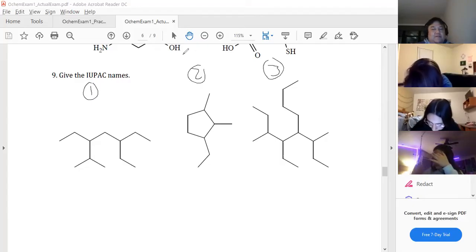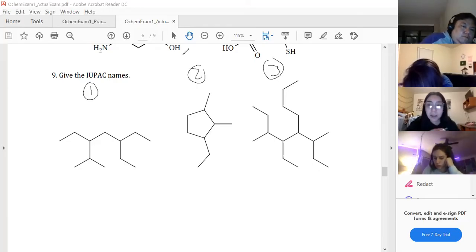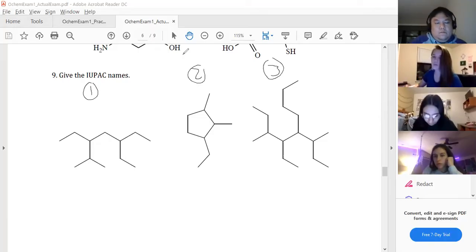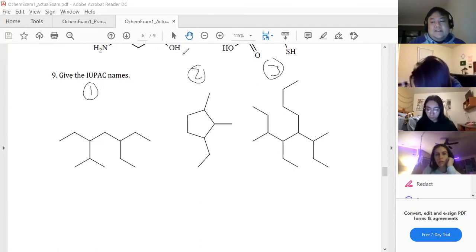Okay, what'd you guys get for the first one? Are you still working on it? I don't know if this is right, but I got 5-ethyl 3-isopropyl heptane. What is incorrect with that right off the bat? What's the one thing that you cannot have in an IUPAC name?